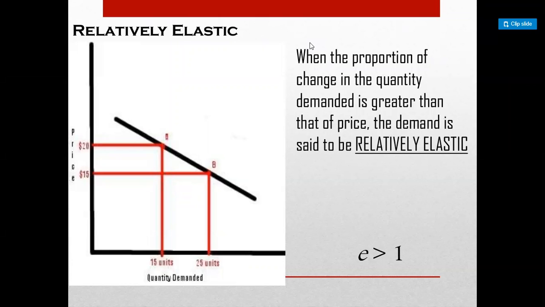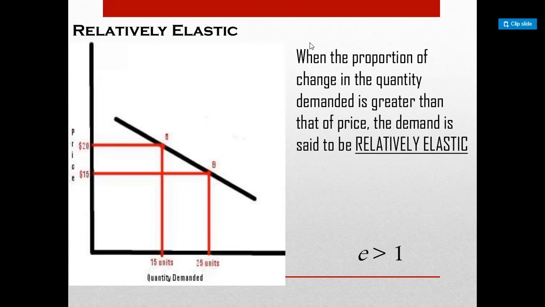The highly elastic demand curve is flatter and its slope is inclined more towards the x-axis, as shown here in the figure. As seen in the schedule, demand rises 100% due to a 50% fall in price, and the quantity demanded rises from 15 units to 25 units.